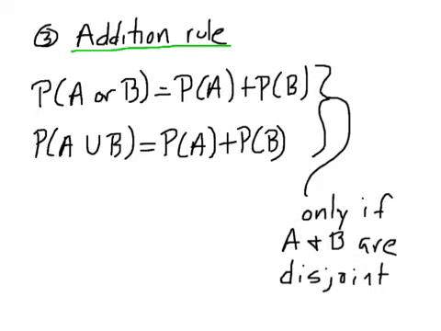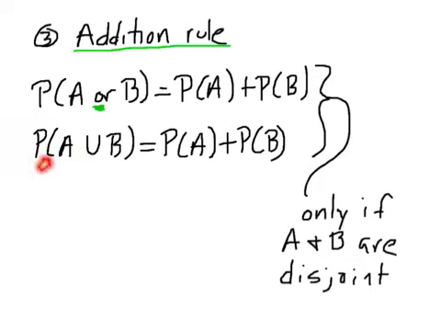Our next rule is something called the addition rule. The addition rule has to do with the symbol OR. I've introduced a new symbol, this big upside down horseshoe. The horseshoe symbol is union, and it's a synonym for OR. I've written this equation twice, once using the English word OR, and once using the big union horseshoe symbol.